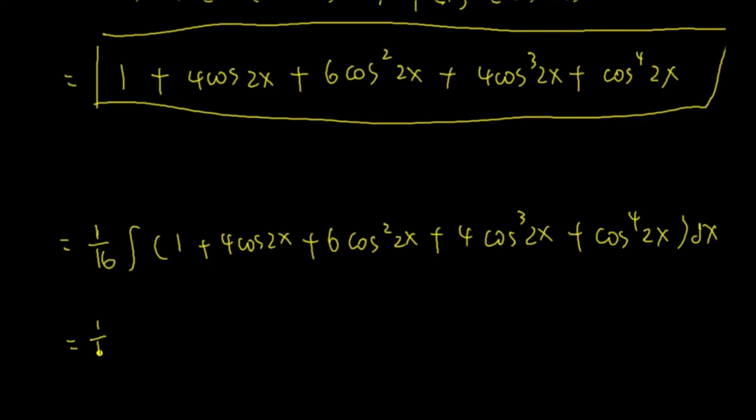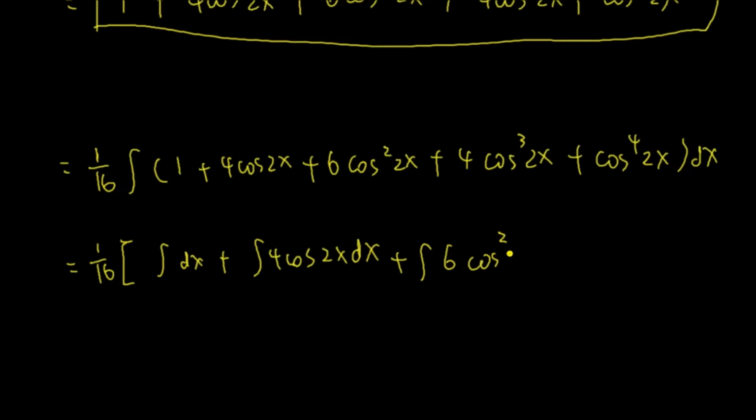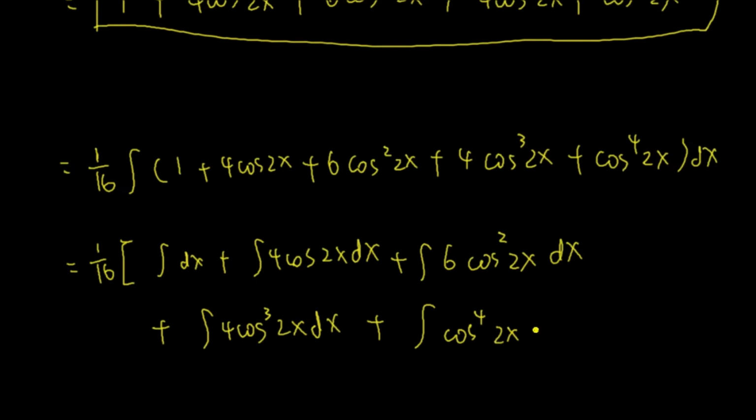So that is 1 over 16 times the integral of 1 dx, which is just dx, plus the integral of 4 cosine 2x dx plus the integral of 6 cosine squared 2x dx plus the integral of 4 cosine cubed 2x dx plus the integral of cosine to the 4th 2x dx.